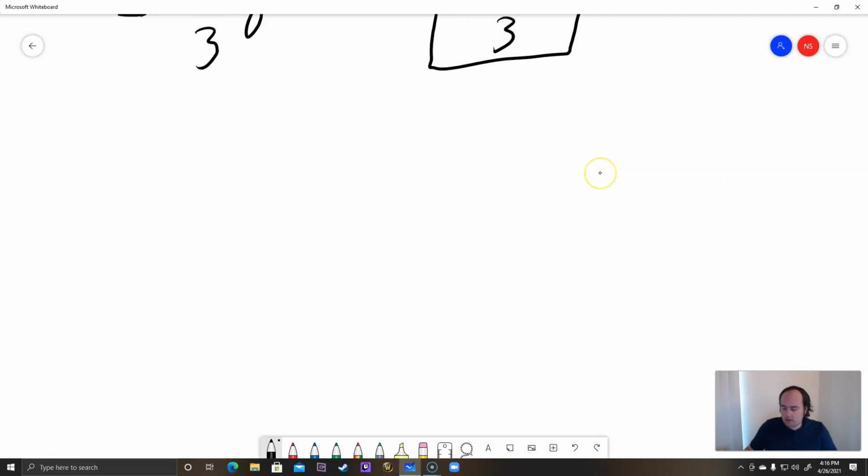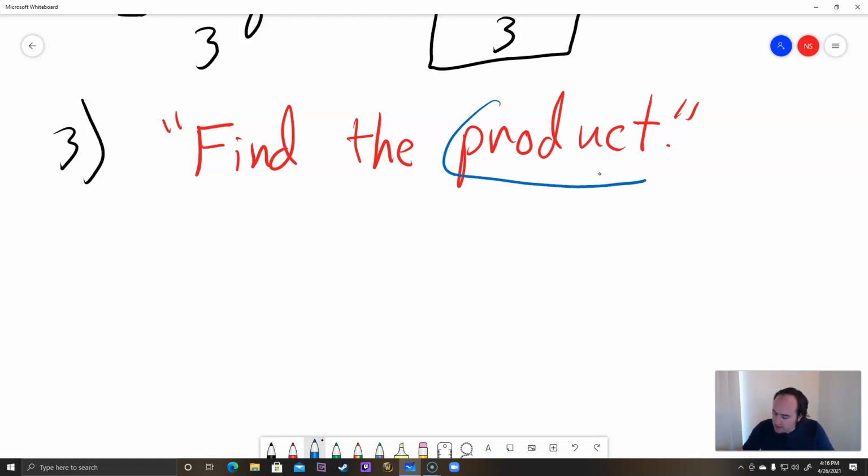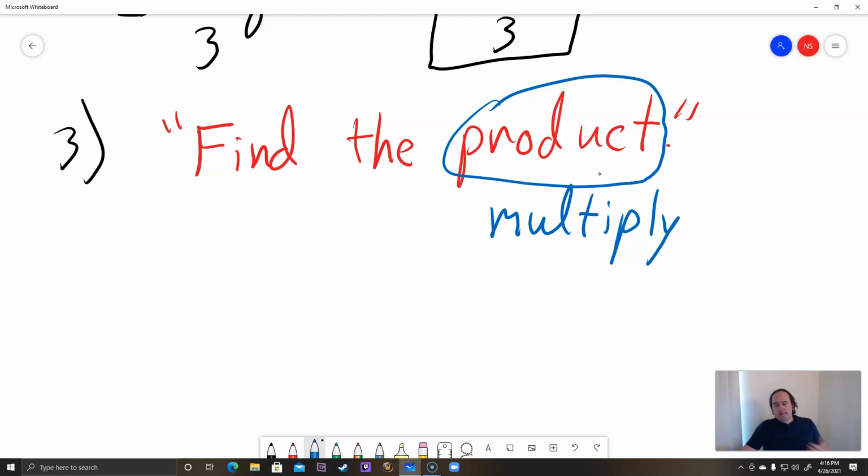So just in case you don't know what find the product means, if they say find the product, what does the word product mean? Well, the word product literally just means multiply. So just keep that in mind.